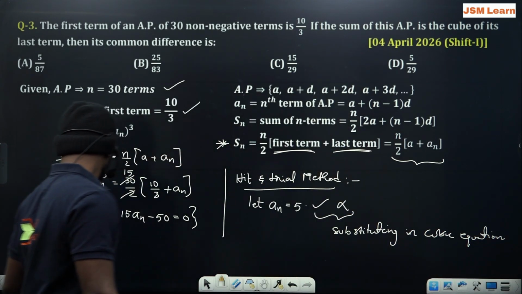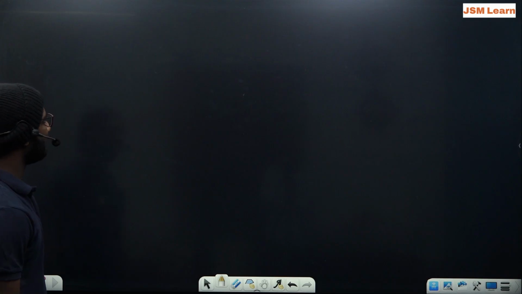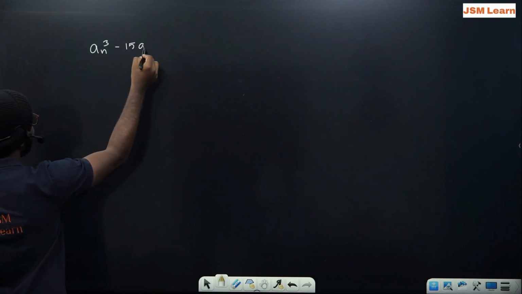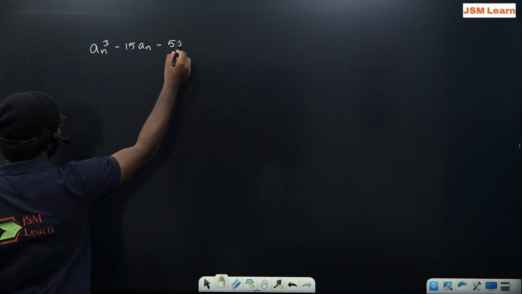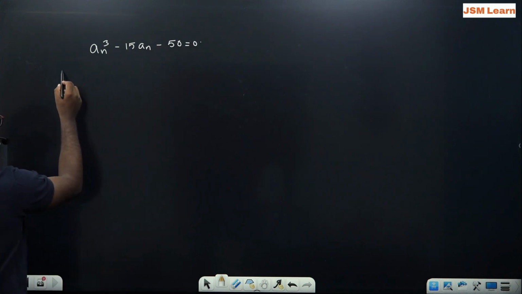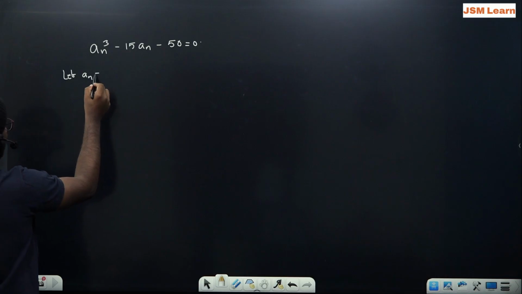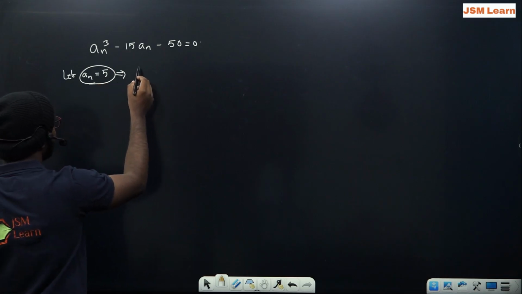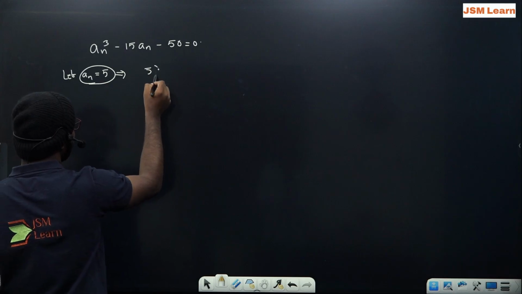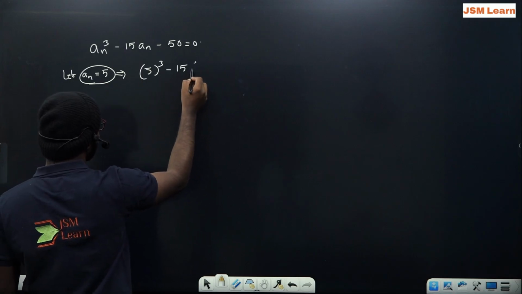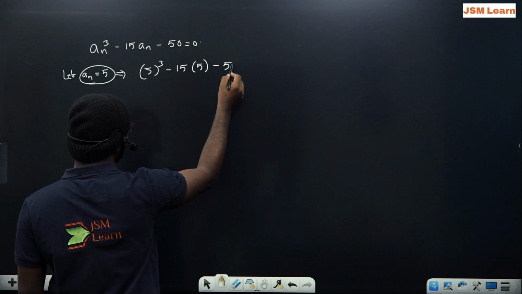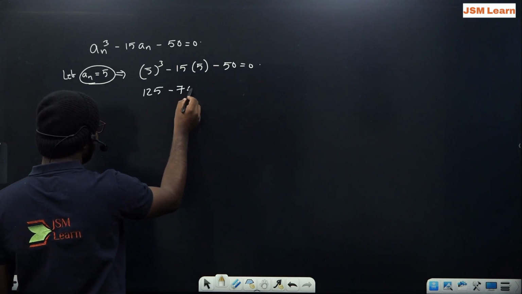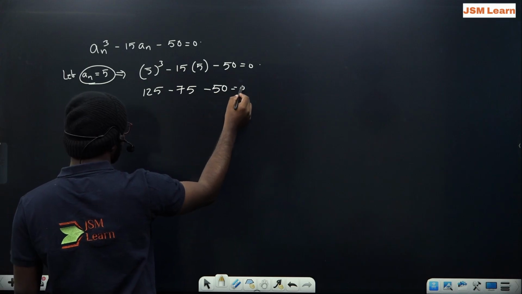So we'll check by substituting this in the cubic equation. An cube minus 15 An minus 50 is equal to 0, right? We assumed An is equal to 5. So 5 cube minus 15 times 5 minus 50 should be equal to 0. 125 minus 75 minus 50 is equal to 0.